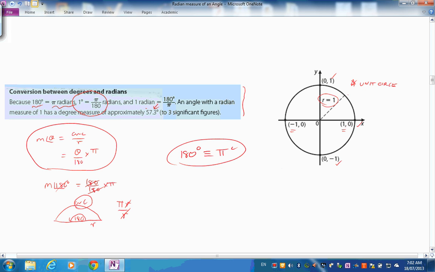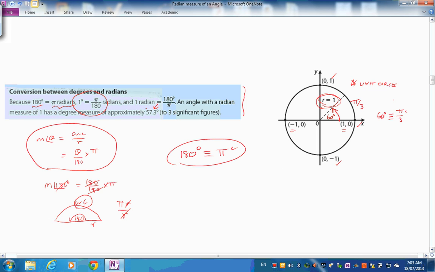Okay, so in the unit circle, what can we say? Let's say this looks about 60 degrees. If that's 60 degrees, it is equivalent to, what is it, a third of 180, so it's equivalent to pi on 3 radians. Now, if the radius is 1, then arc length over radius is pi on 3 over 1.